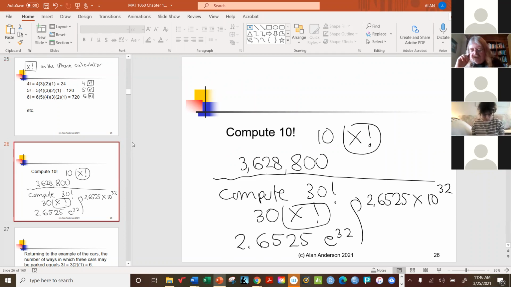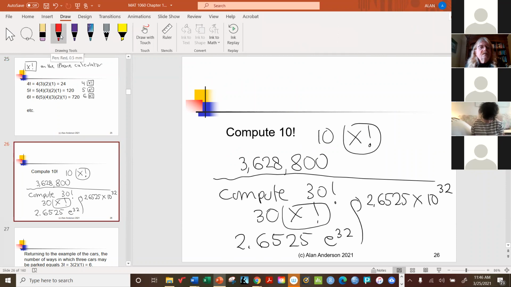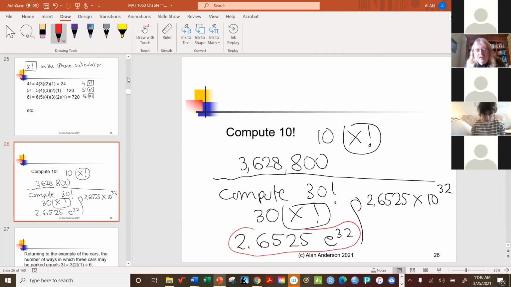Oh my God, the calculator is freaking out. So when you try that, you'll notice that this is what pops up on your calculator. And as it turns out, this is simply scientific notation for 2.6525, et cetera, times 10 to the 32nd power.